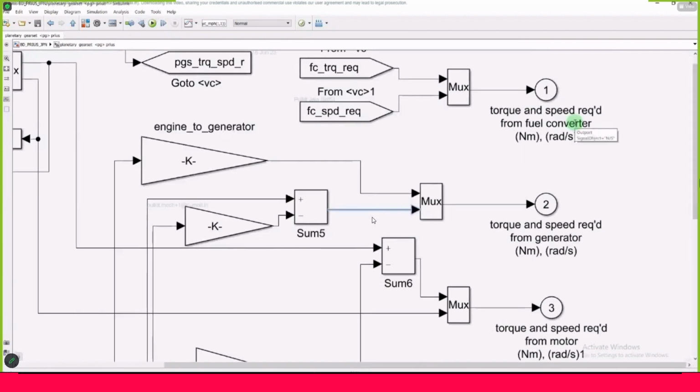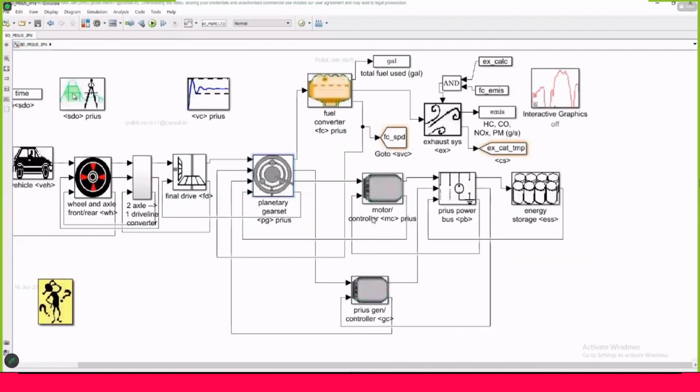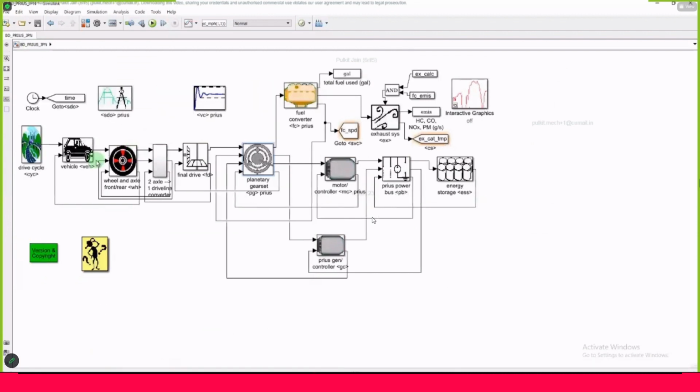So this is engine, motor generator 1, motor generator 2 related parts. So this is a planetary gear implementation in a model. So this is about the Toyota Prius.